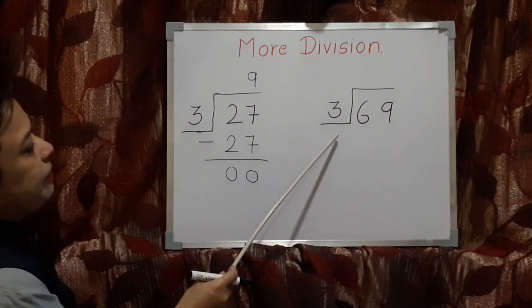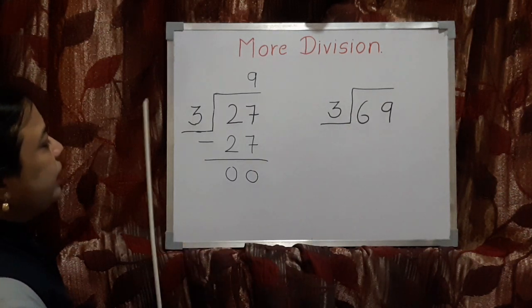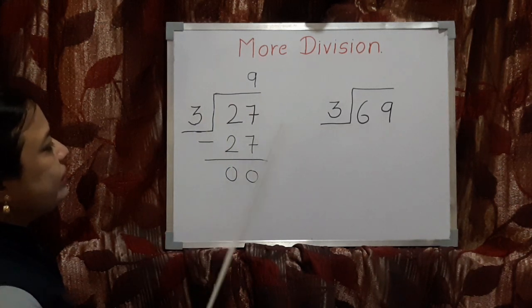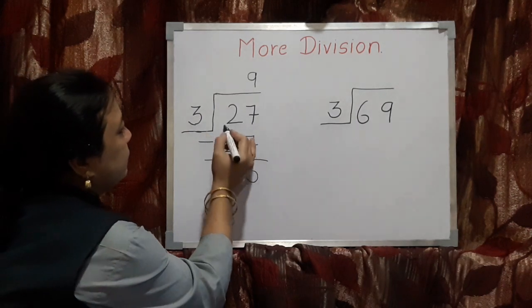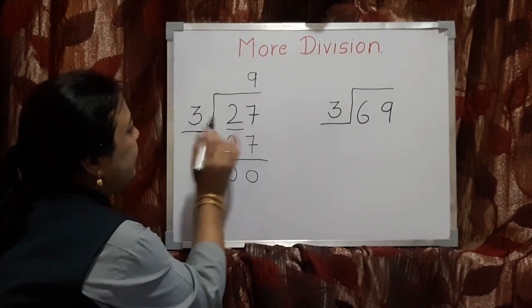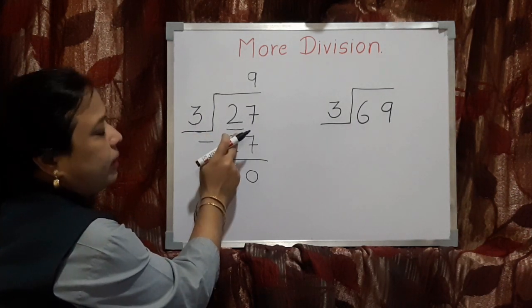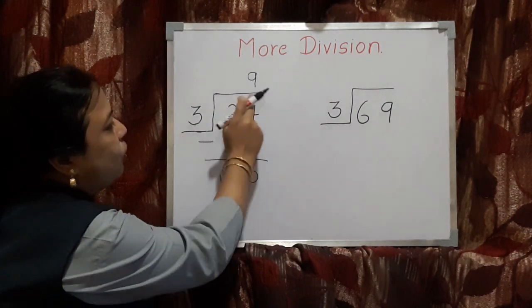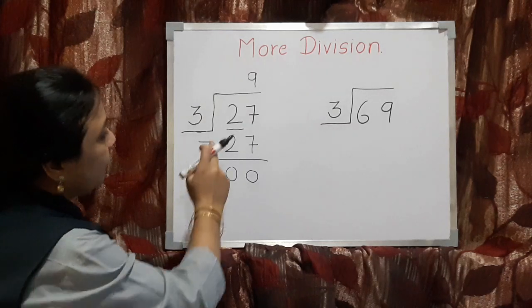So this type of sum we had already learned. Now see this type of sum. Here in this type of sum, 27 is there now. This 2 is less than 3. 3 से छोटा है ये number, right? 2 is less than 3. So we were taking both the numbers together.